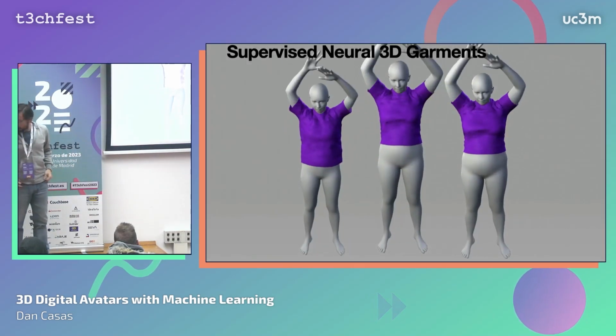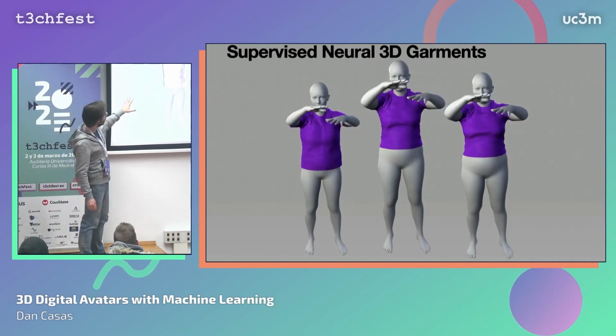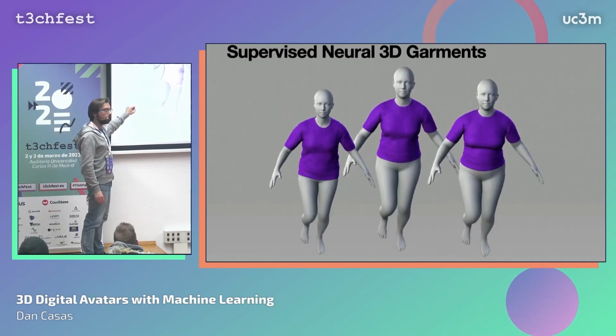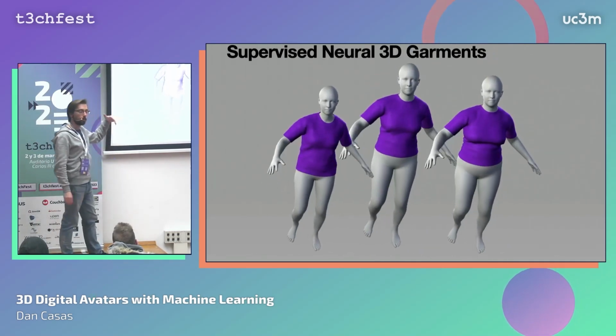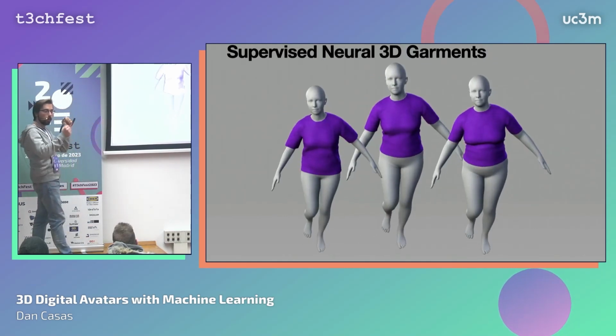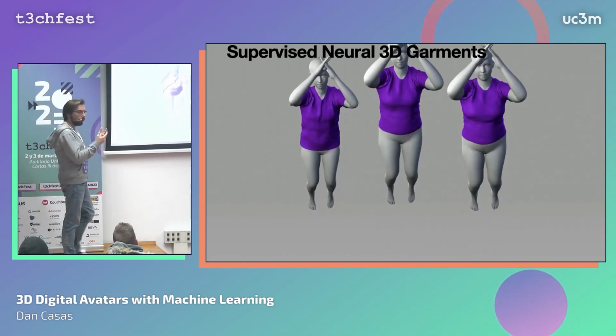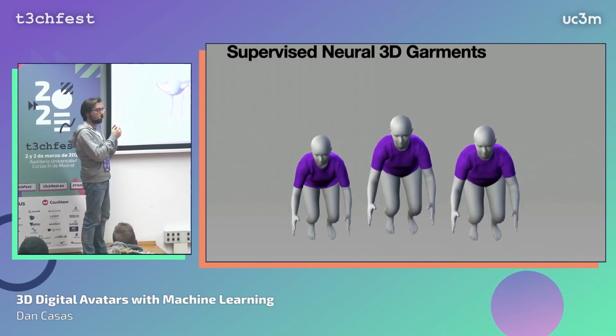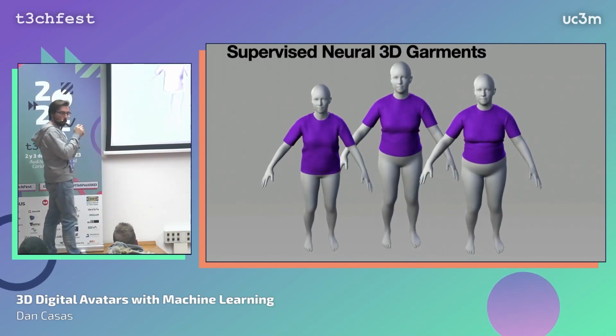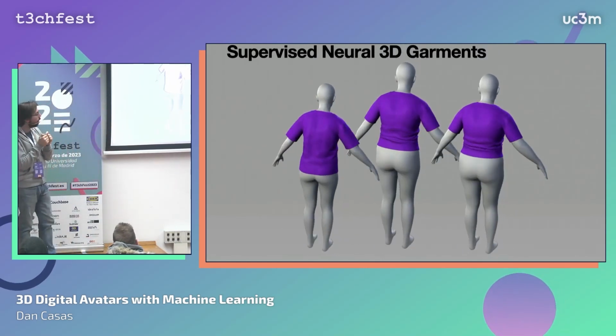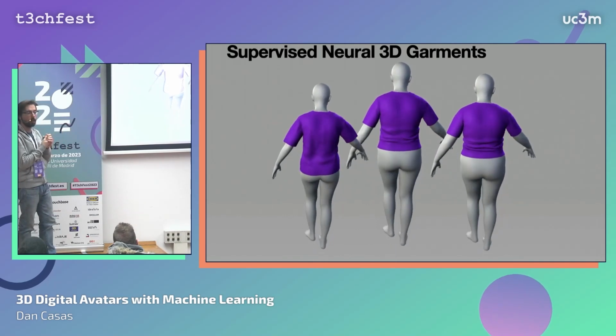Okay, so now you are experts also in machine learning, so you can understand what's going on here, right? What's going on here is a human body model that is parameterized by pose and shape, and then we use these numbers to feed them into a neural network, and the neural network predicts the offsets of the template t-shirt such that they fit the underlying body.